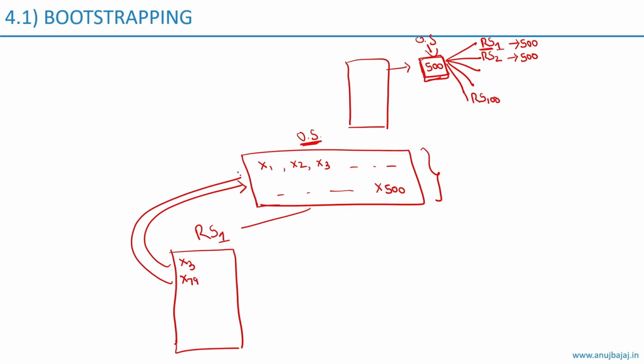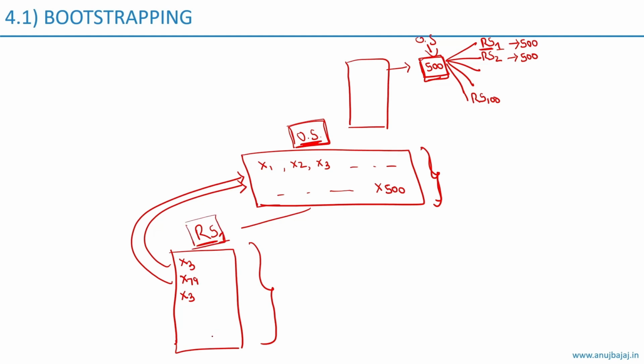We again put this back into the original sample. So again, from the 500 observations, we randomly pick an observation. So it is possible that we could have the third observation repeated twice. So it is possible that some of the elements from the original sample might be repeated 2 times or more, and it is also possible that some of the elements from the original sample might not be included at all in the resamples.